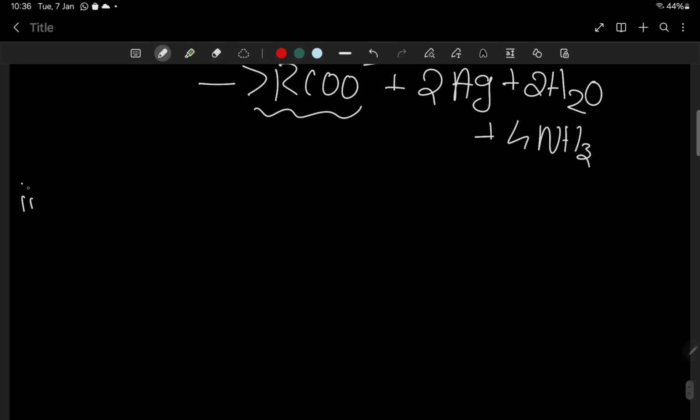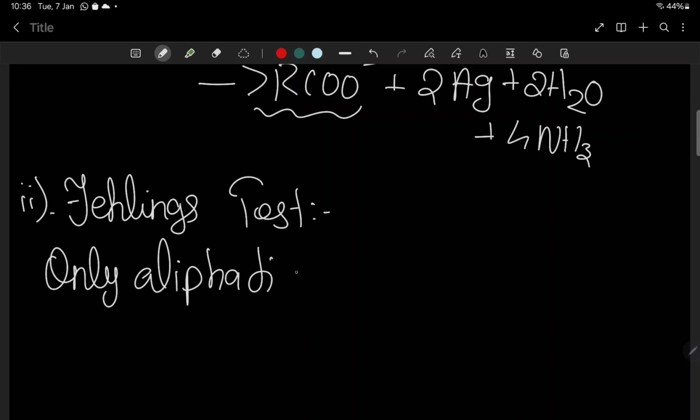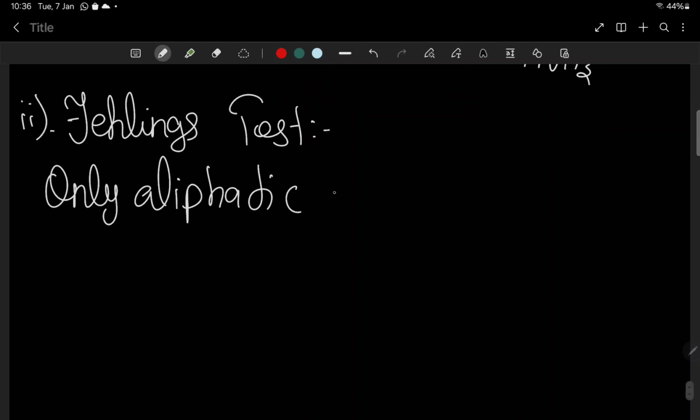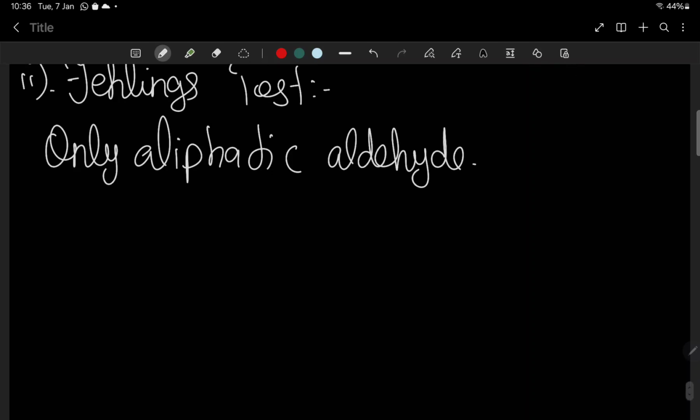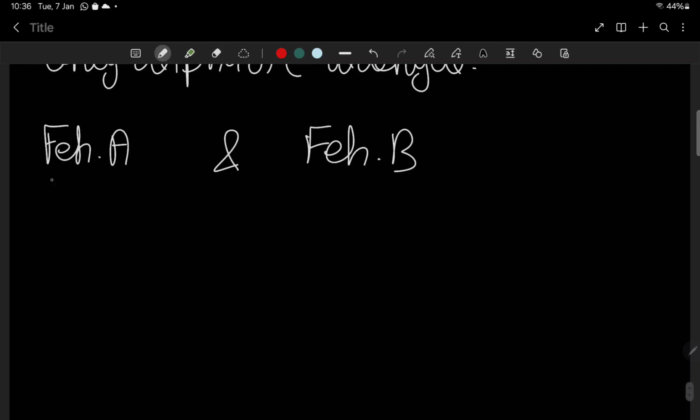Now the second test is Fehling's test. This is also given by only aliphatic aldehydes. Benzaldehyde and other aromatic aldehydes don't give it, only aliphatic aldehydes give it. What is Fehling's solution? There are two Fehling solutions, Fehling A and Fehling B. Fehling A is a copper sulfate solution.